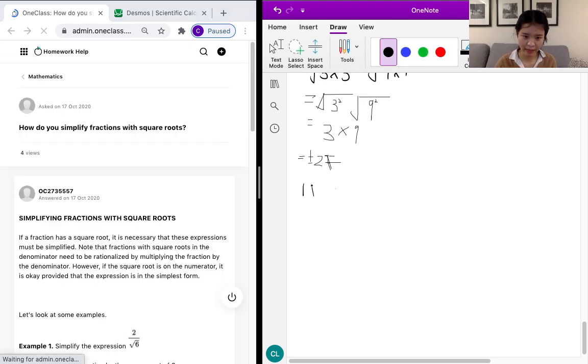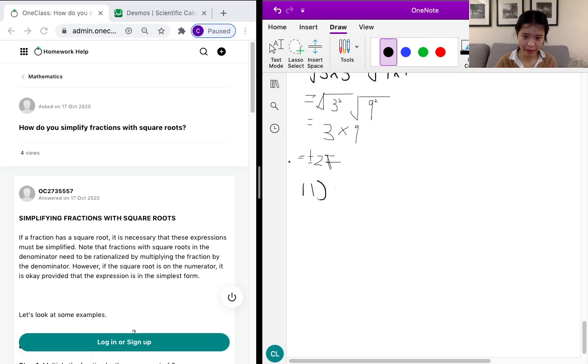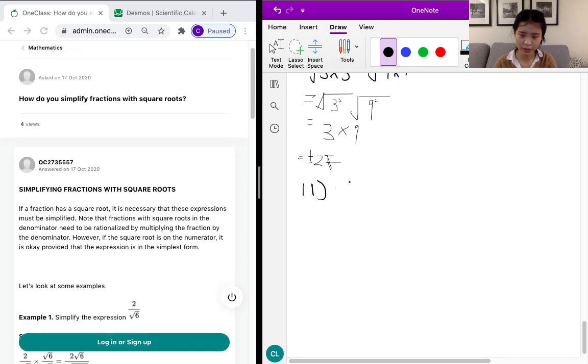The next problem asks us, how do we simplify fractions with square roots? There are two main types of fractions with square roots. One is like this, and the other type is like this. The difference is that one type has the square roots on the bottom, and the other type has the square roots on top.